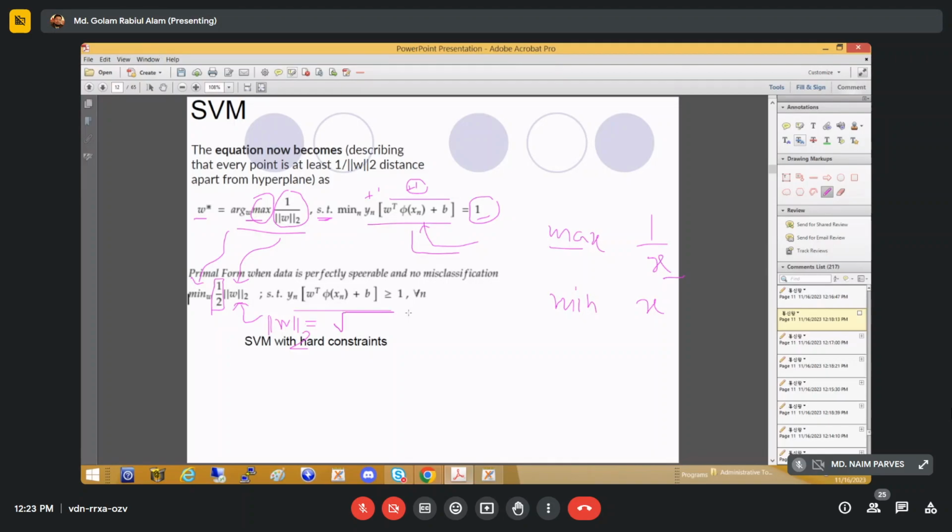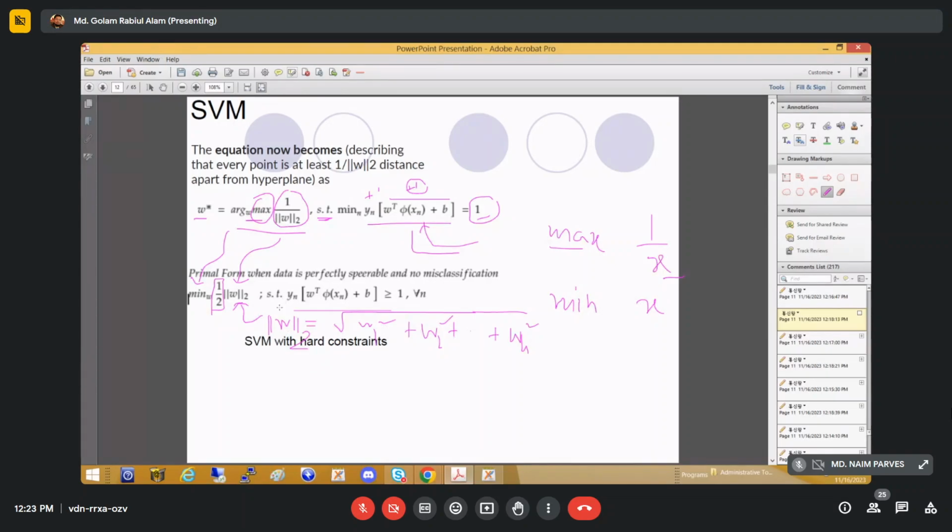It is actually the square root of W1 square plus W2 square, and in this way up to Wn square.